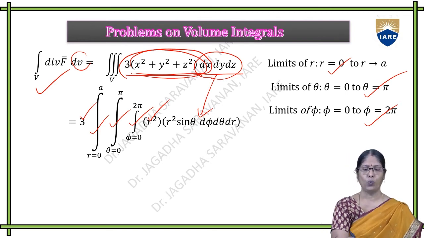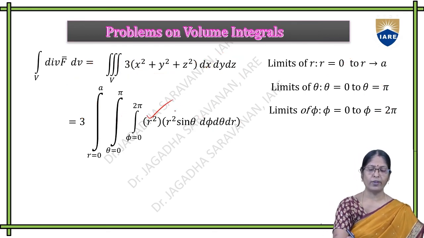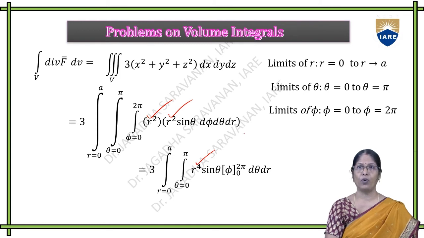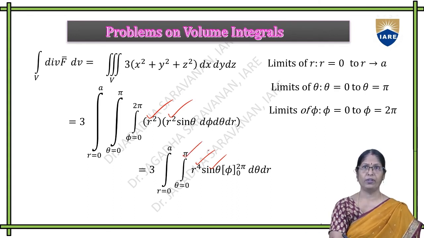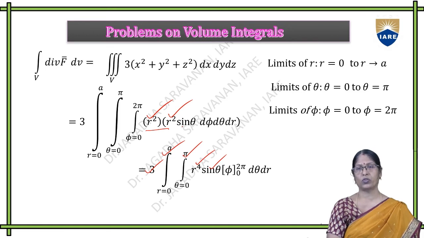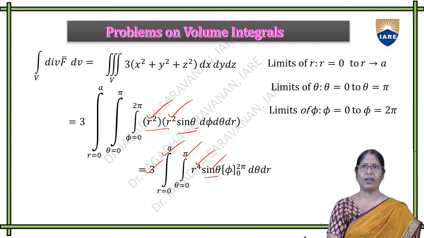Here r square and here r square, put together, give r power 4. So we get r power 4 sine theta. Comparing with the previous step, the middle and outermost integrations and the outside 3 are the same. Only r square times r square is written as r power 4, and sine theta is written as it is.